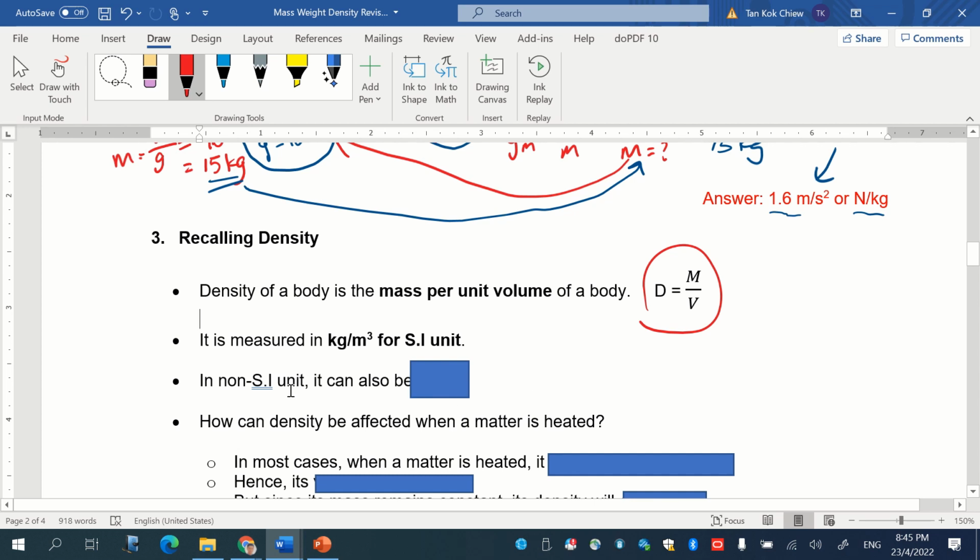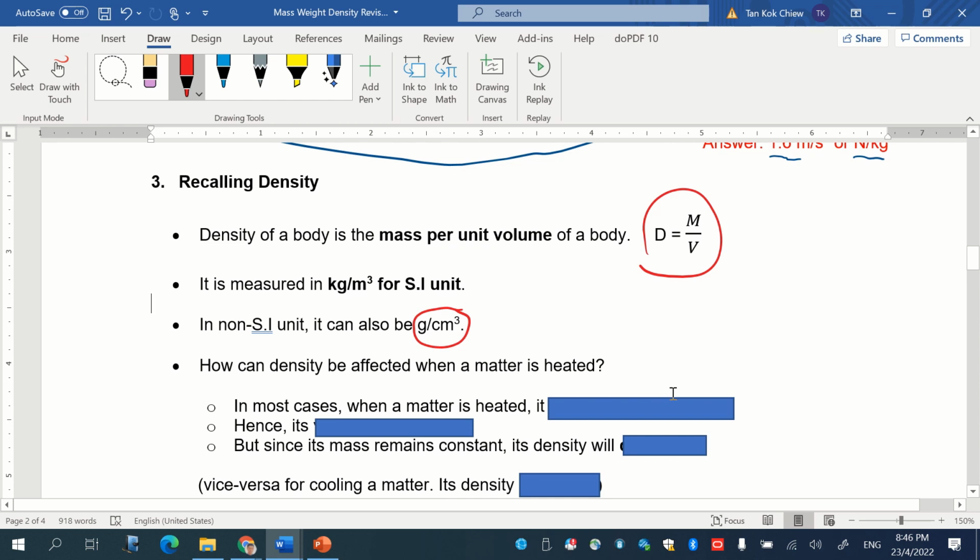However, sometimes your question also requires you to know it in non-SI unit, meaning the mass is given in gram and the volume is given in centimeter cube. So it's good to know that it can be measured in gram per cm cube also. But for SI unit you must stick to kilogram per meter cube.